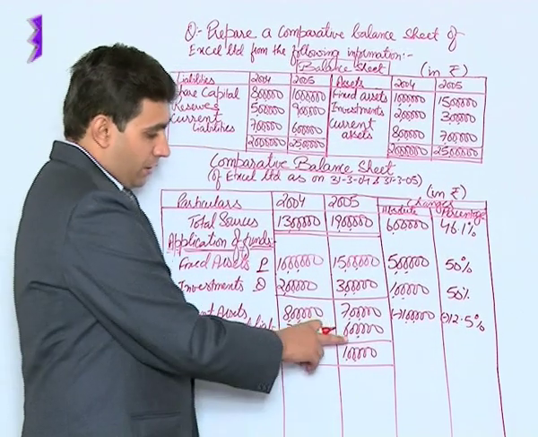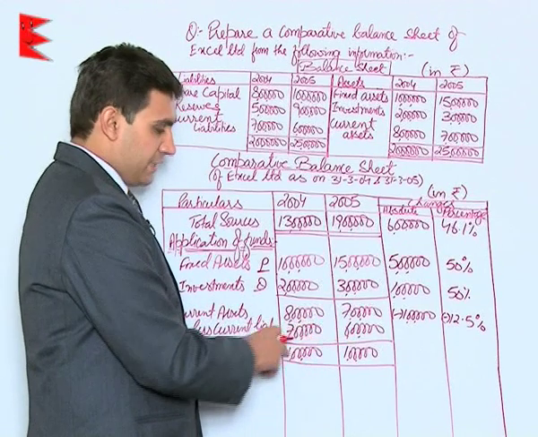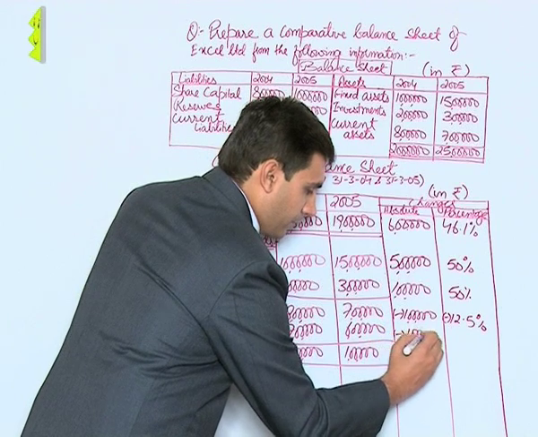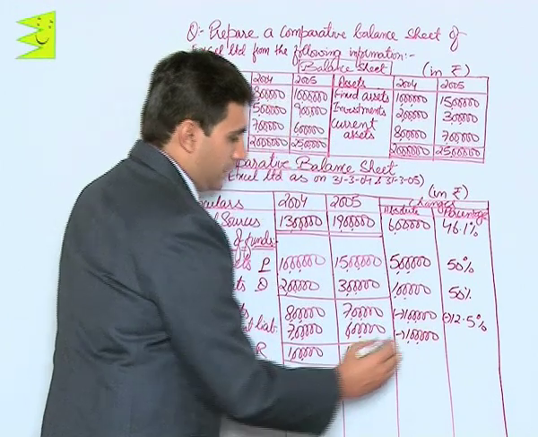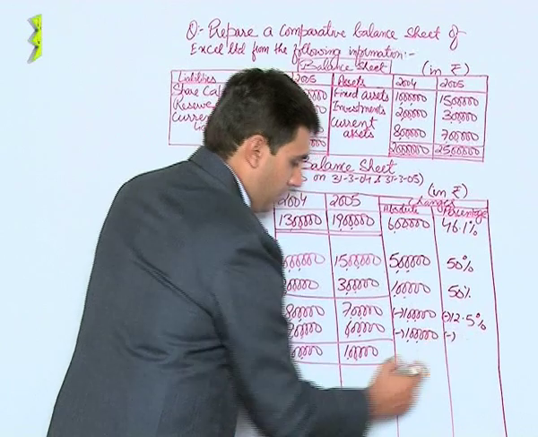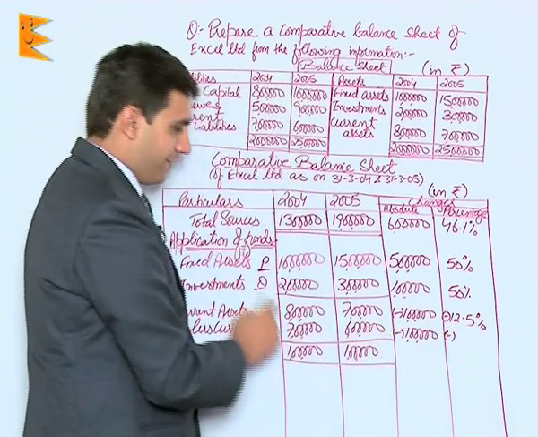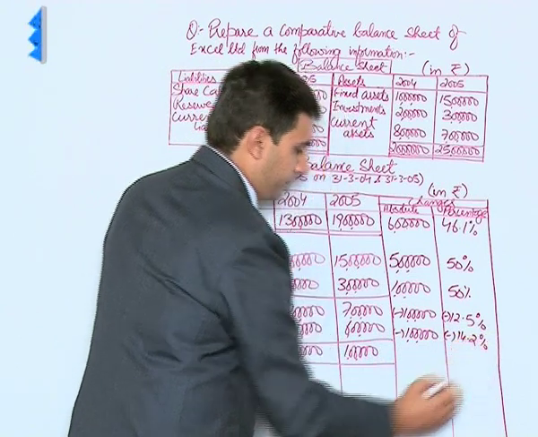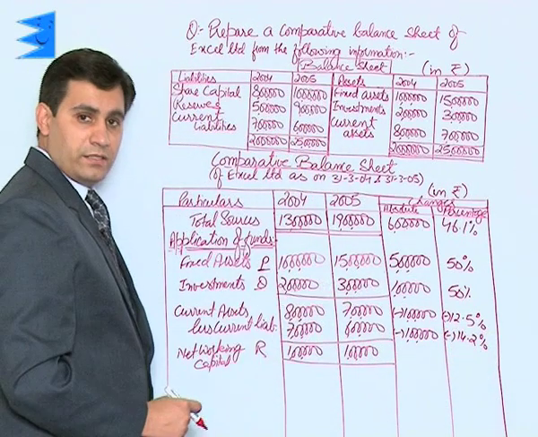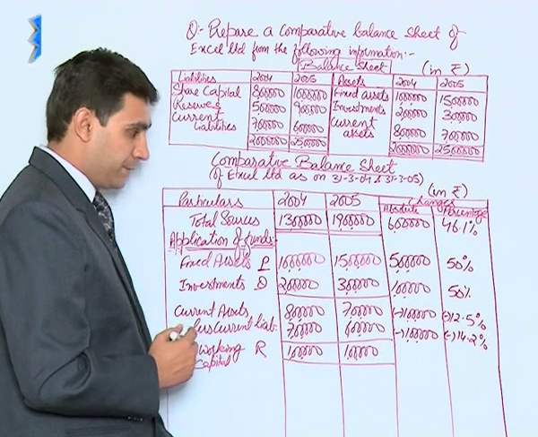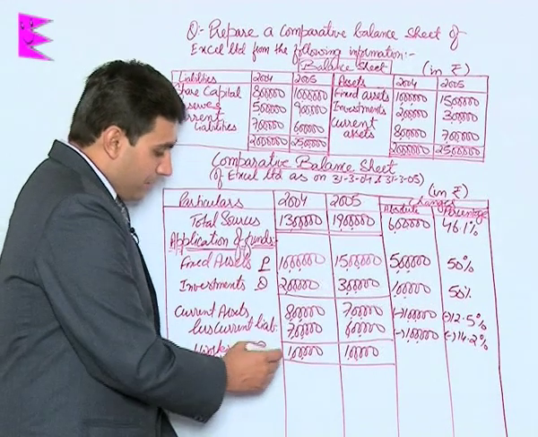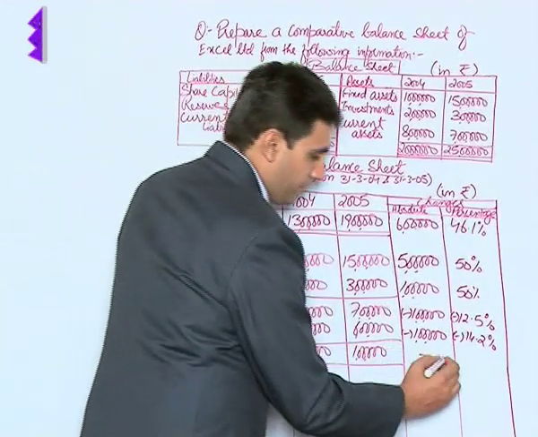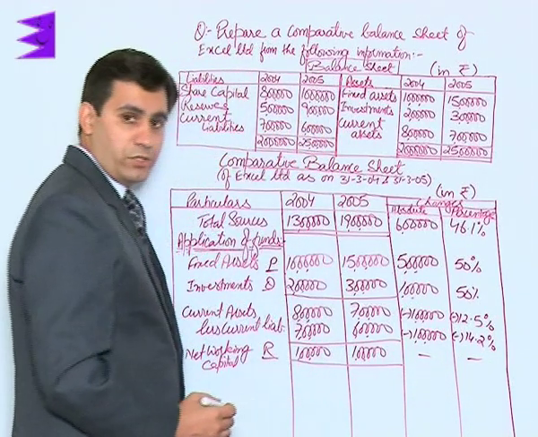Then for current liabilities also there is a decrease. 6 lakh minus 7 lakh is minus 1 lakh. And the percentage change would be 1 lakh upon 7 lakh, that approximately comes to 14.2%. Remember to put in negative signs here because they are showing decrease. But when we come to the total working capital, it is 1 lakh and 1 lakh. That means there is no change and hence no percentage change.